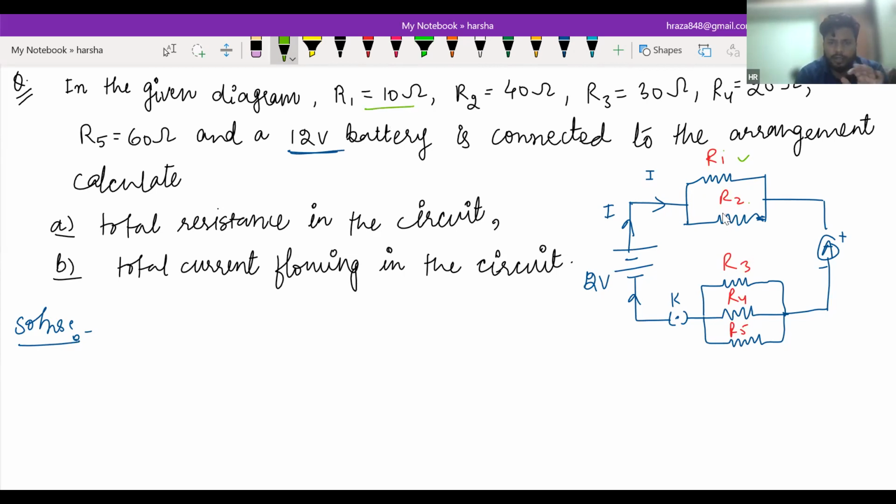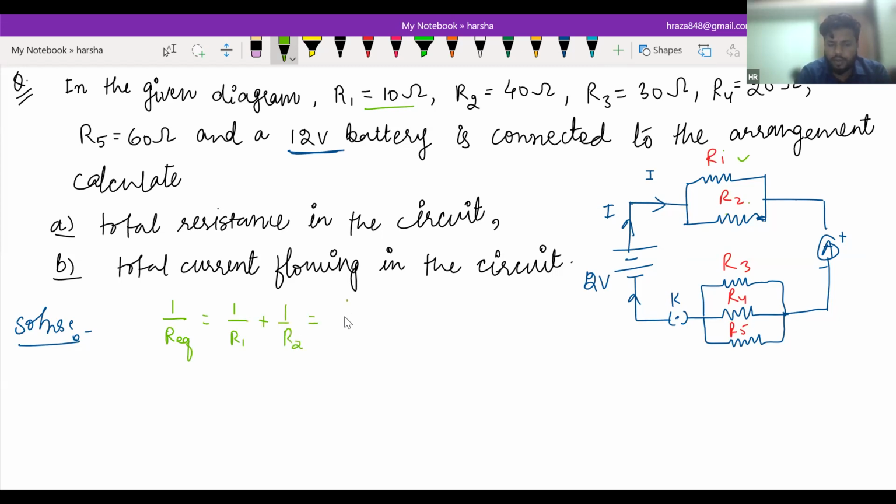Just answer me, Abdullah. R1 and R2 are in series or parallel combination? Parallel. So just solve R1 and R2 separately. 1 upon R equivalent will be equal to 1 by R1 plus 1 by R2.